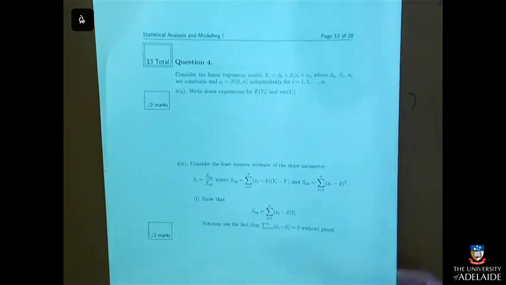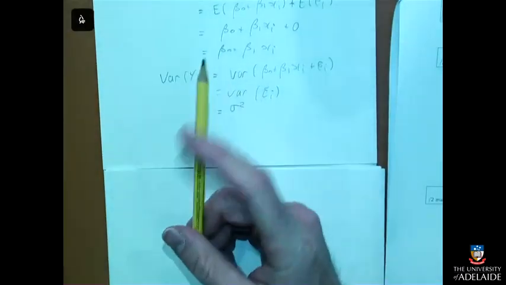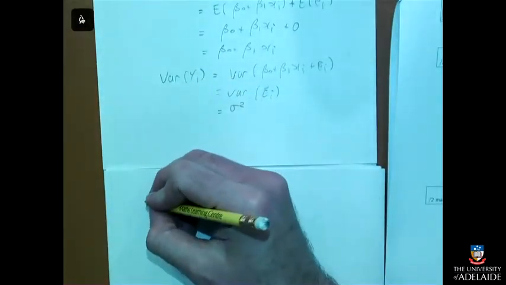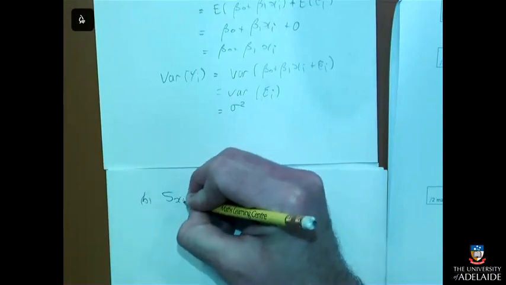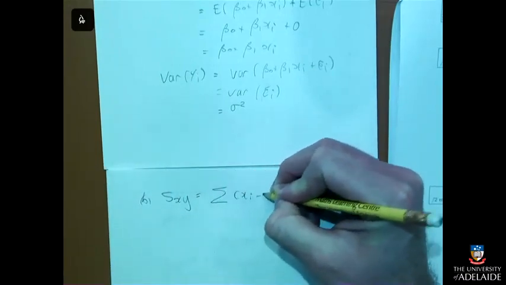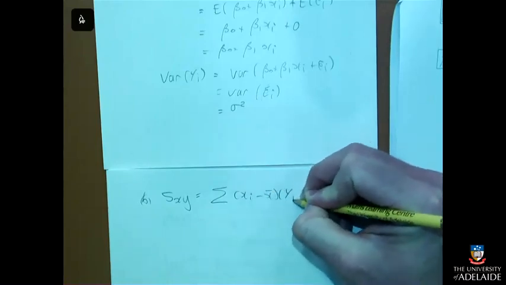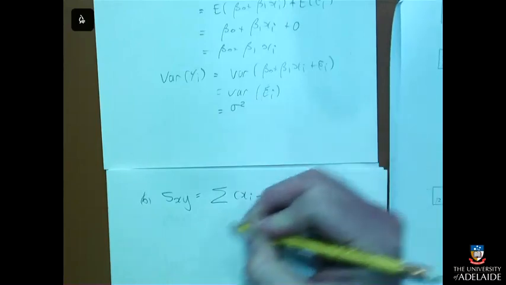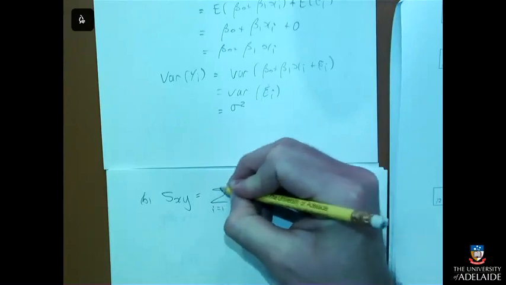That's our question there. So we have Sxy defined to be the sum of xi minus x bar, yi minus y bar, i equals 1 to n.